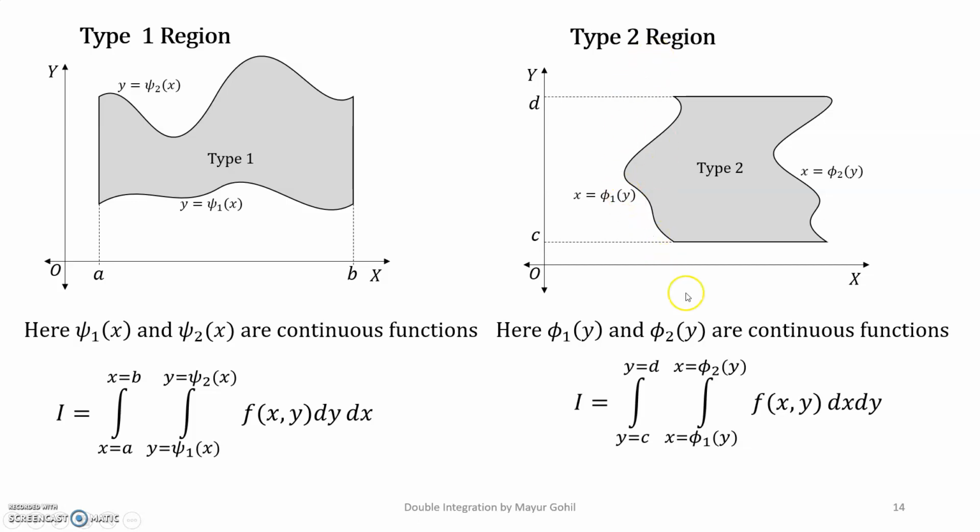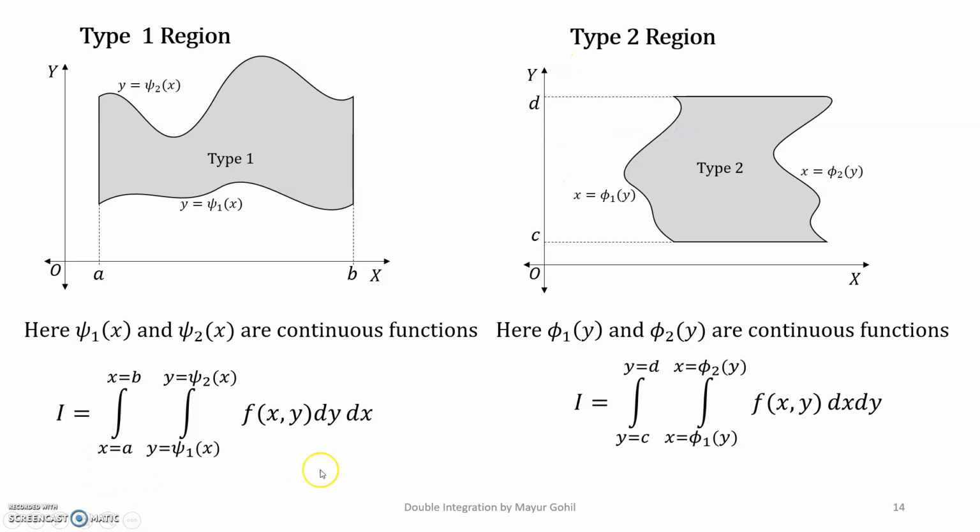So in type 2 region you have a slightly different way of seeing the region. That's why the associated integral has the order dx dy. The projection in type 1 region is taken on the x-axis, whereas the projection in type 2 region is taken on the y-axis.